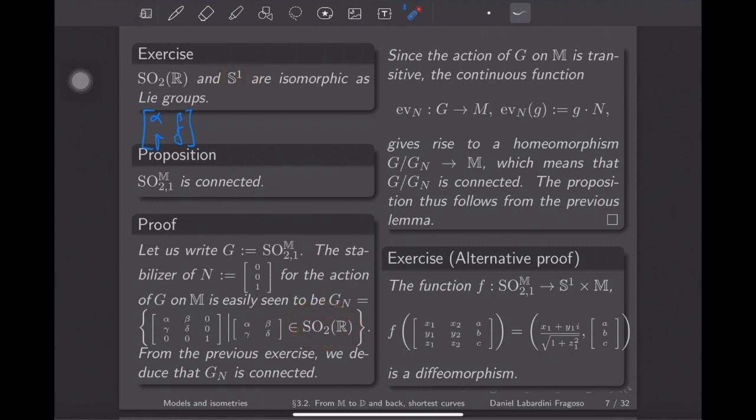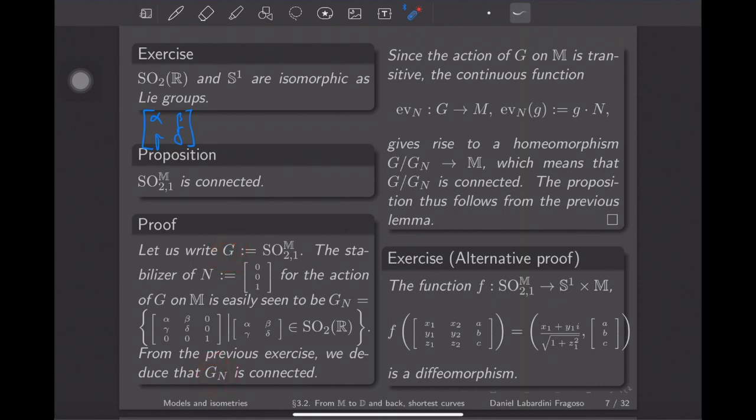But then, being the circle in disguise, it is connected. So I have my connected subgroup of G, and now I only have to show that G modulo Gn is connected.